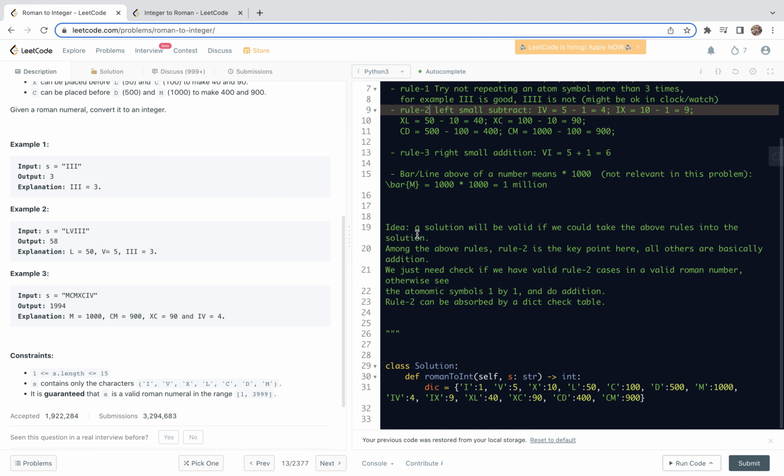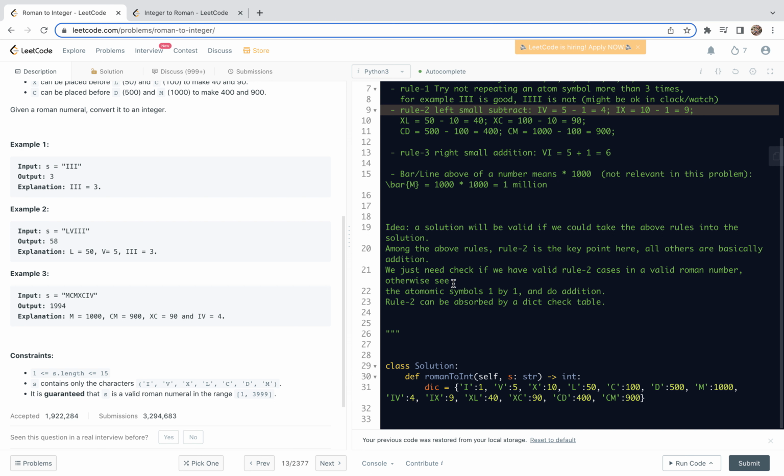So the idea is the following. A solution will be valid if we take the above rules into consideration. Among the above rules, rule 2 is the key point here. All others are basically addition. Because of this, we just need to check if we have a valid rule 2 case in a valid Roman number.